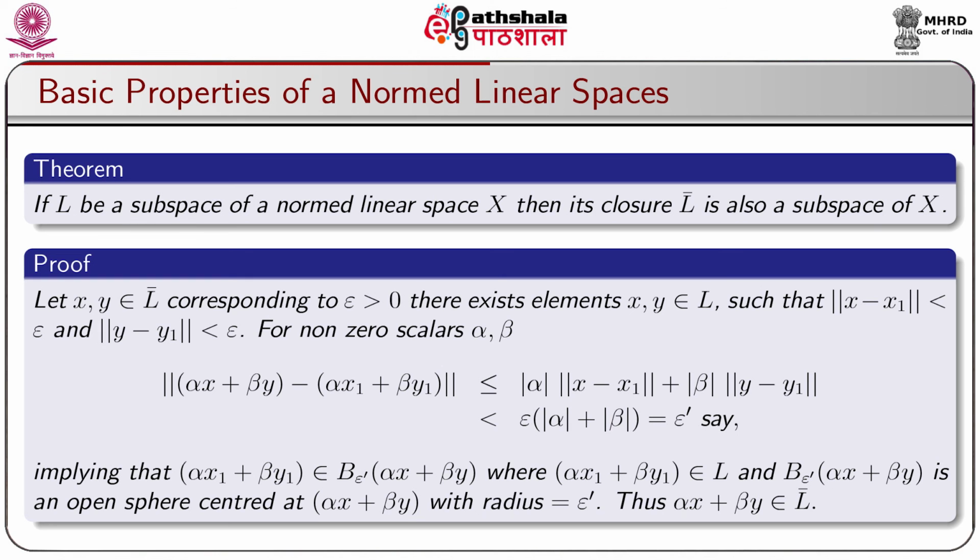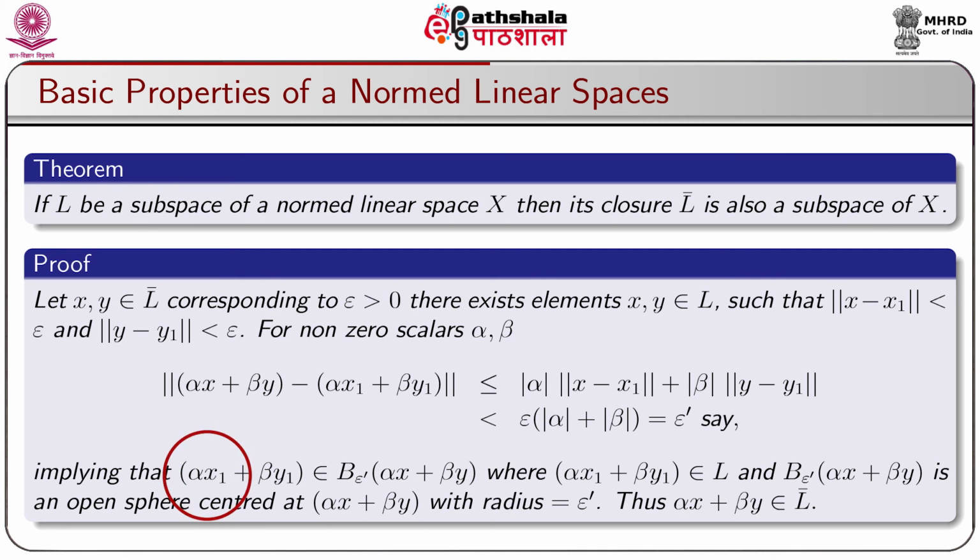For non-zero scalars alpha, beta, norm of (alpha x plus beta y) minus (alpha x1 plus beta y1), by mutual adjustment, we get that this is less than or equal to modulus of alpha into norm of x minus x1 plus modulus of beta into norm of y minus y1, which is strictly less than epsilon into (modulus of alpha plus modulus of beta), taken as epsilon dash, say.